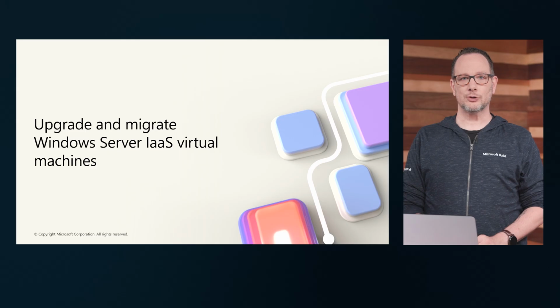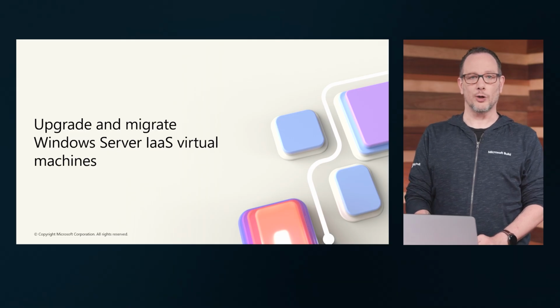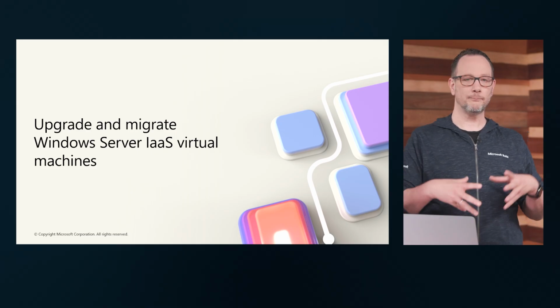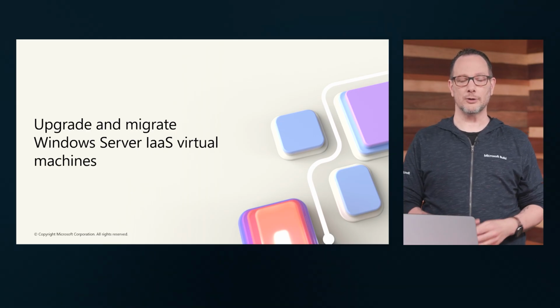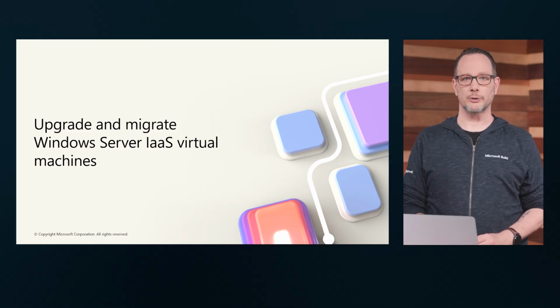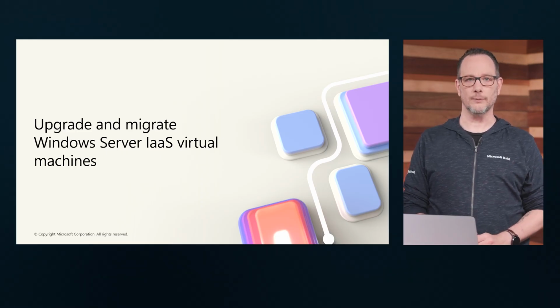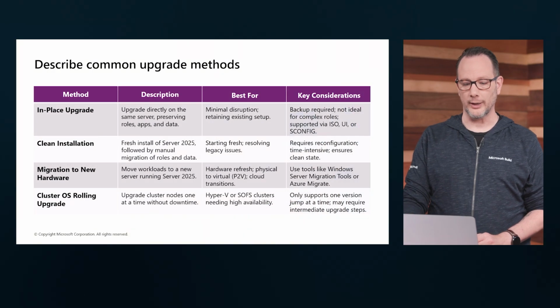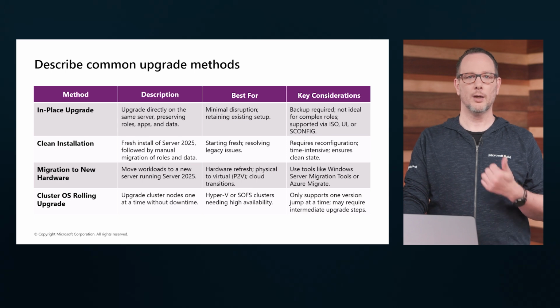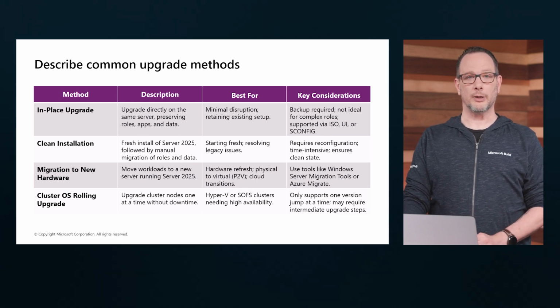Now, next to that, there's obviously another migration or upgrade path possible. And that's where you're not migrating from non-Azure virtual machine environments into Azure VMs, but you already run Azure virtual machines. And that's what this next section will cover: how to upgrade or migrate your already workloads running in Azure. The first option here is in-place upgrades.